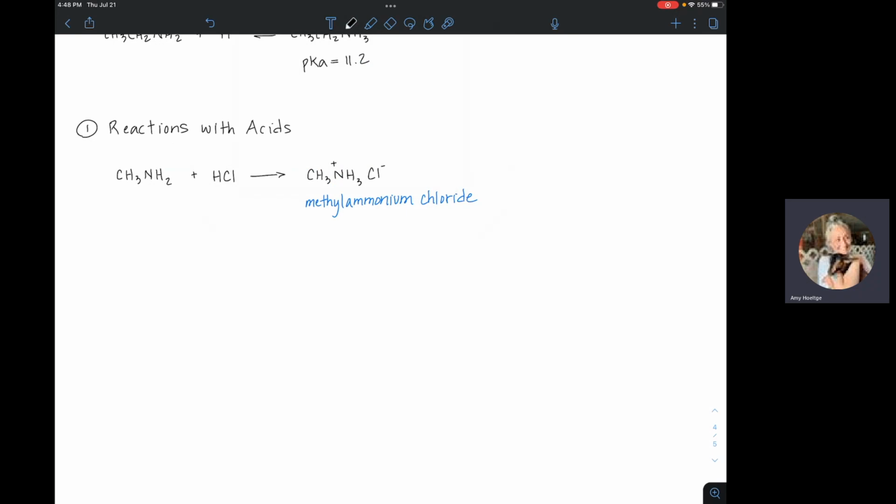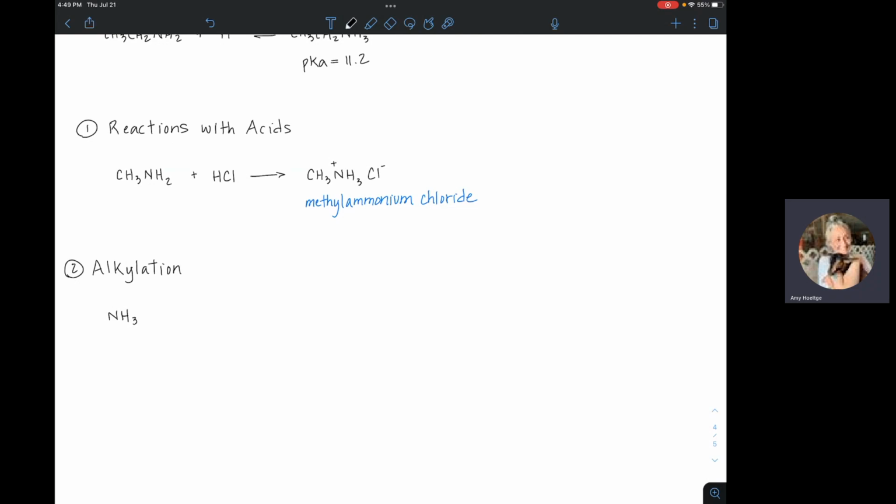I could take, I guess, just ammonia. And I could do, let me move this down a little bit for you, an alkylation reaction. An alkylation reaction is where you're going to add an alkyl group to something.